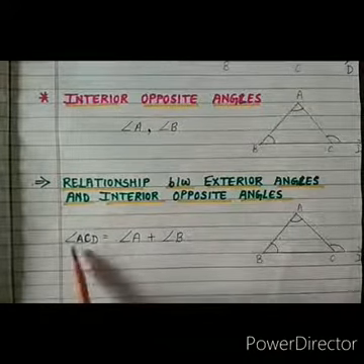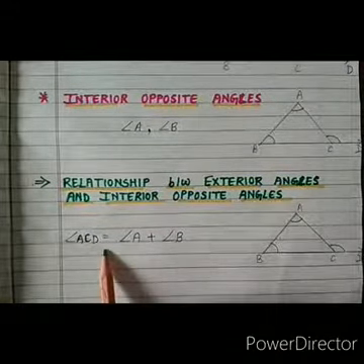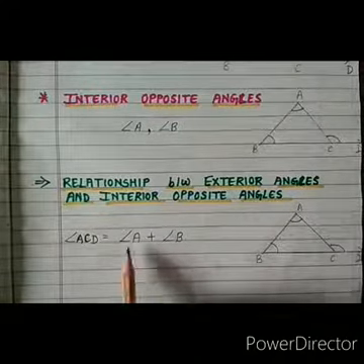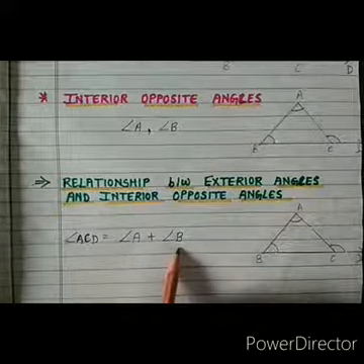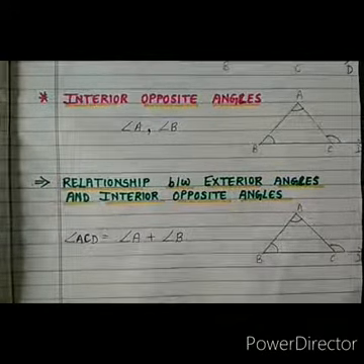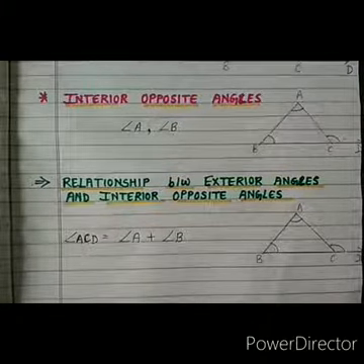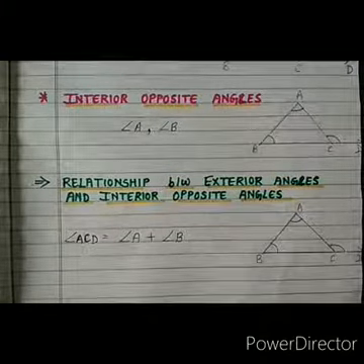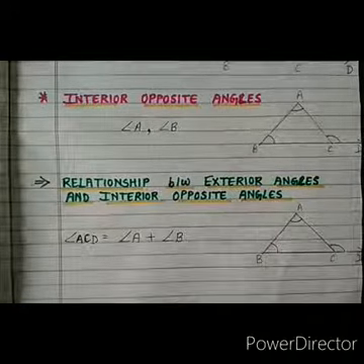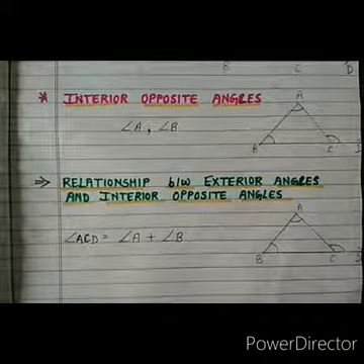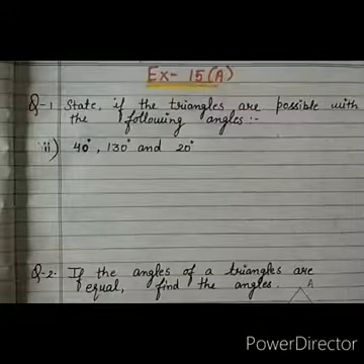So here angle ACD is an exterior angle which is equal to the sum of the interior opposite angles, that is angle A and angle B. I hope now you have all understood these basic concepts related to the chapter, which will help in exercise 15A. So let us take some questions related to exercise 15A.